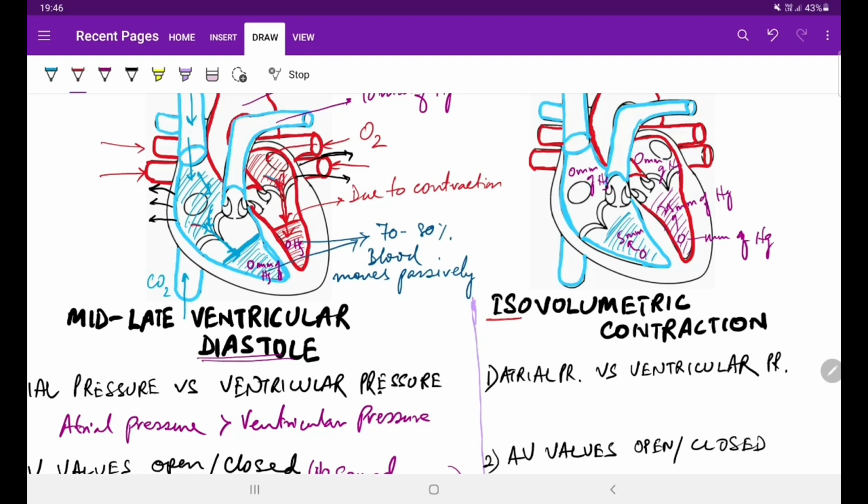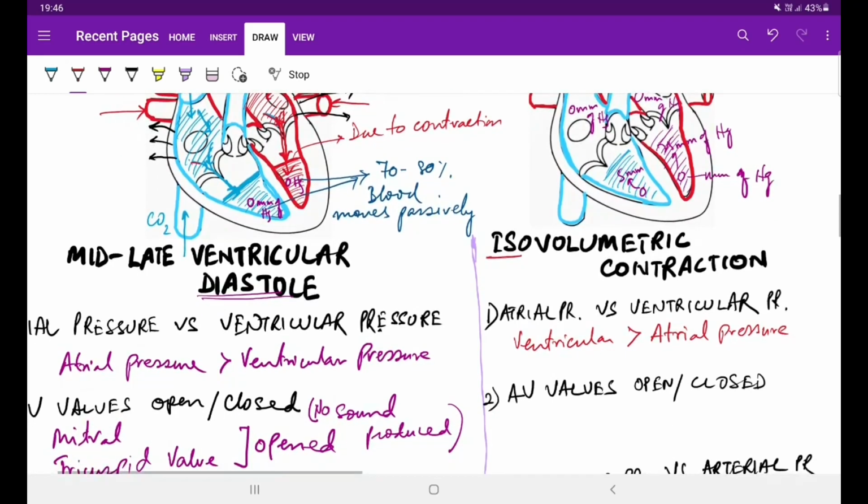So, we can easily write the first point: the ventricular pressure will now be more than the atrial pressure, because the atria will relax after pumping the blood into the ventricles, and they are now at pressures of almost 0 mm of mercury.